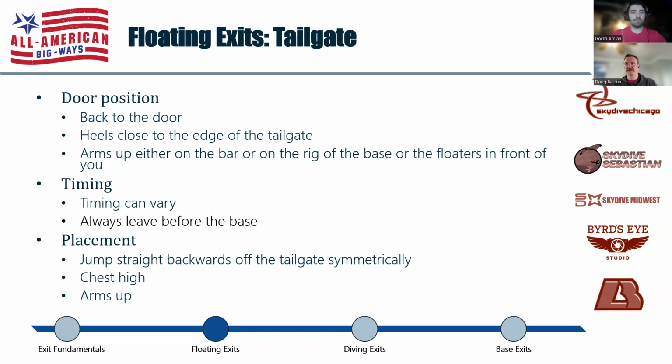So let's see an example. Can I? Yep, go ahead. I just want to say one thing about the position in the door for the floaters. Gorka mentioned this briefly, but sometimes, and my videographer associates will appreciate this, Trunk, Elliot, OB, Charlie, all those guys. Remember that if you're floating on the lead aircraft, or if you're floating in one of the tailgate trail aircrafts, if there's 3 floaters, there could be a videographer there as well.